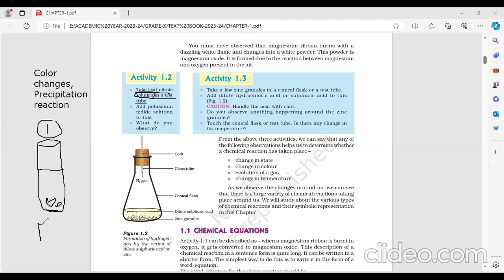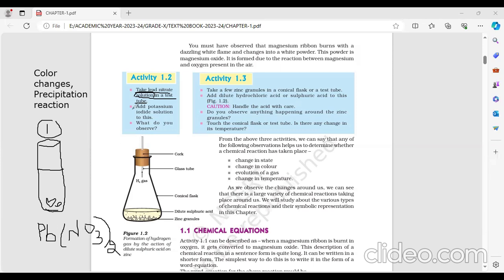Lead is lead 2, so Pb, NO3, taken twice: Pb(NO3)2 with the parenthesis. This is the chemical formula of lead nitrate.